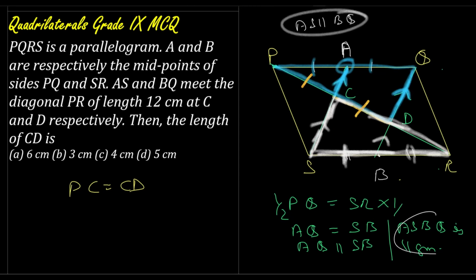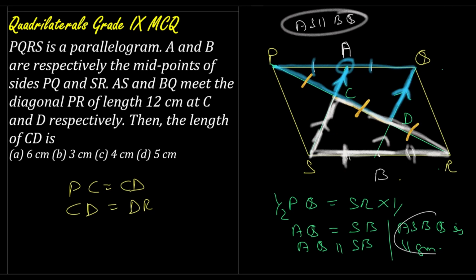So BD is parallel to SC. So by converse of midpoint, D should be the midpoint of CR. That implies that CD should be equal to DR. So CD is equal to DR. That means all three are equal, right?